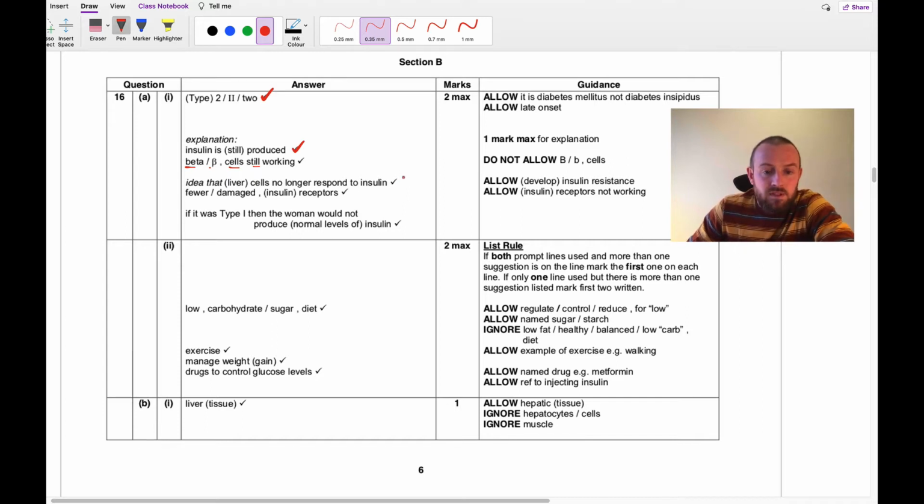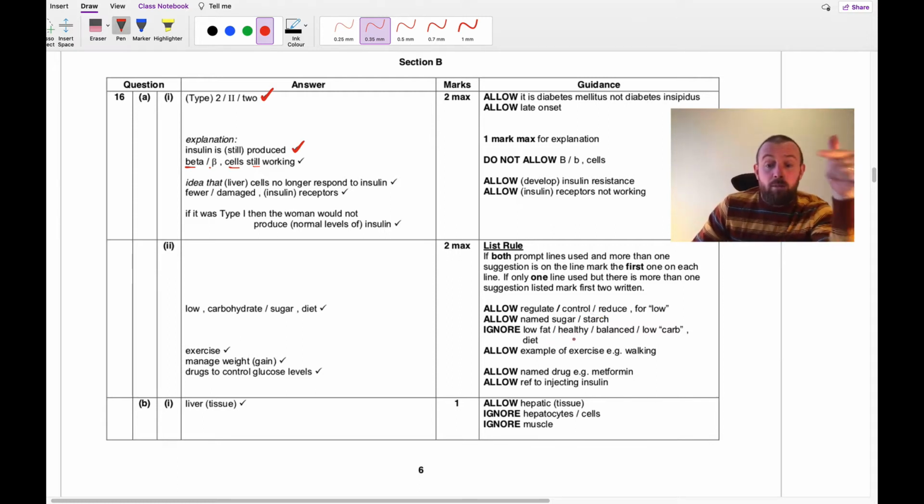And the second one, diet. You do need to have some explanation of diet, not just diet. Low carbohydrate diet, low sugar diet, regulate, control, reduce sugar or starch diet. Ignore low fat.